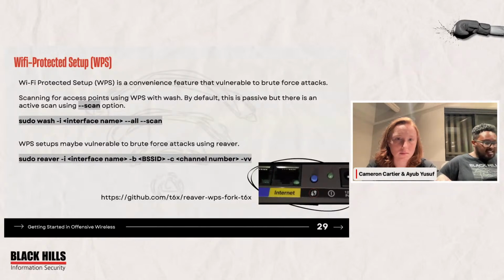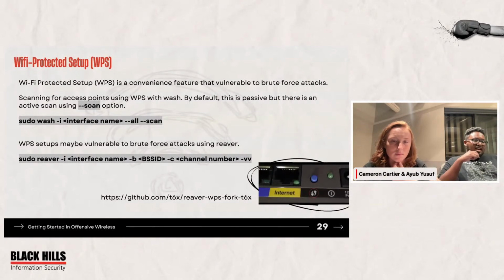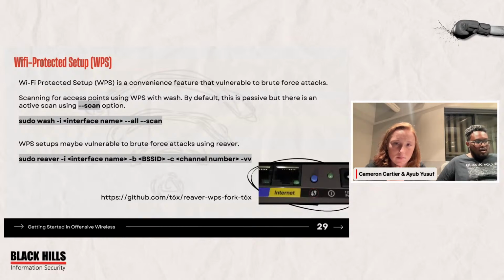And then when you find something that may be vulnerable, you can use Reaver. Again, specify the interface name, the BSSID of the system you want to target, the channel number, and you can throw a couple of verbose flags. Running that command will just brute force it. Now, a lot of routers by default will prevent you from brute forcing this PIN, so it depends on the router.